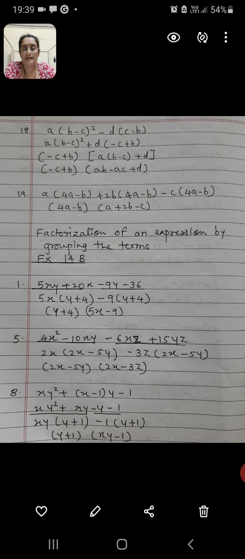So x minus 2 is my first factor, and with the first bracket we have to divide this common thing with all the terms. So x minus 2 divided by x minus 2, that will be 1. x minus 2 square, when you divide by x minus 2, that will be minus x minus 2 as it is. And if you divide ax minus 2a, you will get plus a.